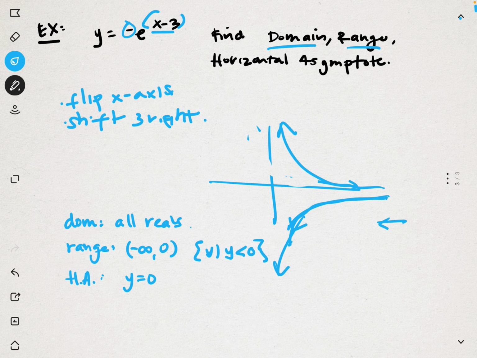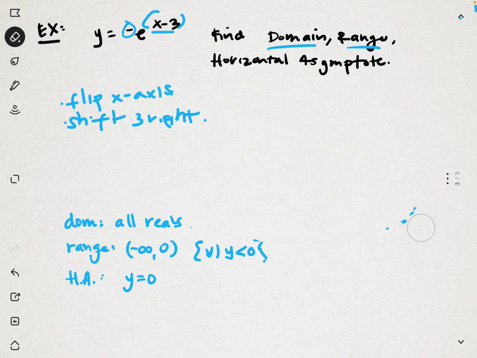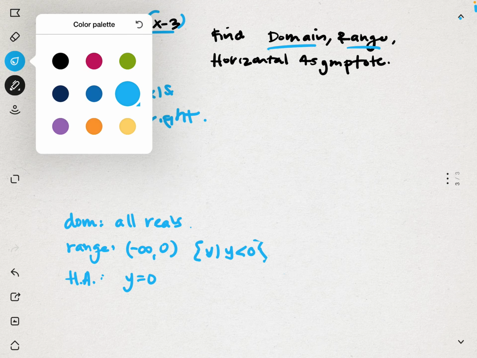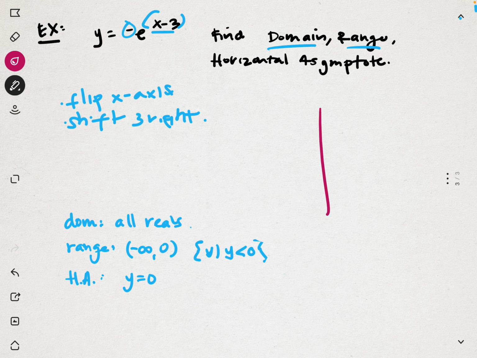And our horizontal asymptote didn't change, right? We just flipped it over the y-axis. If we continue this way to the right, it's still going to, well, shoots. Well, I screwed this one up. Not too bad though. Let's change colors. So this would be y-axis.